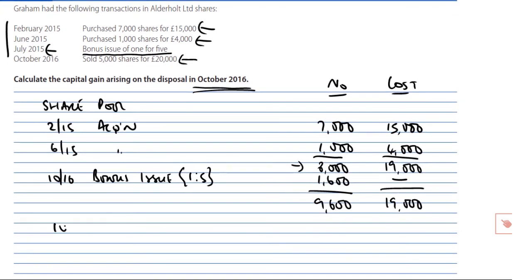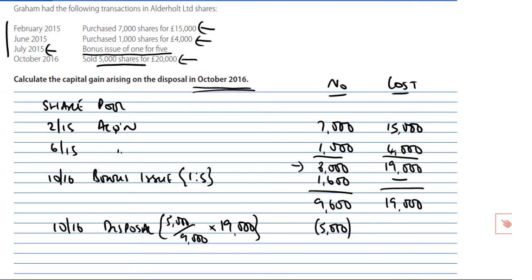So we can then move on to the date of disposal, October 16, where we had our disposal. How many shares? Sold 5,000 shares. Well, I don't know, we can probably do this one in our heads, but if you get your calculator out there, we are selling 5,000 out of 9,600 with an overall cost of £19,000.